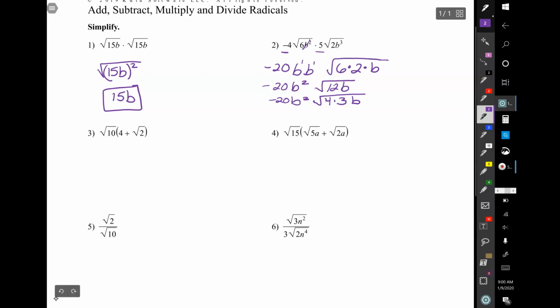So my final answer is going to be negative 40 b squared, square root of 3b is what's left under there.